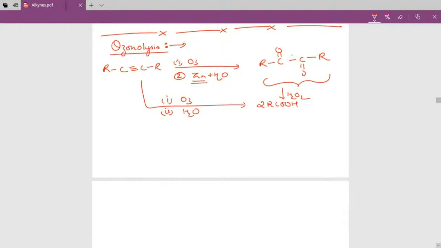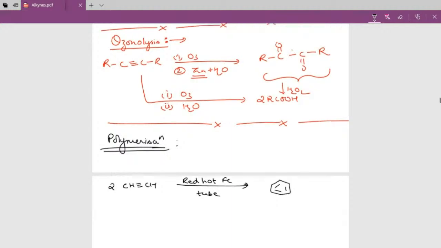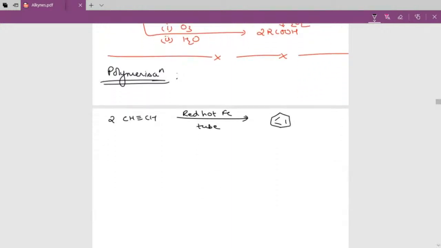Okay, so I think we have completed all the basic reactions till now for alkynes. There are other reactions like polymerization. In polymerization, I would like to have two reactions. When this is passed over a red hot iron tube, then benzene is formed. This is a cyclic polymerization. Yes, it can be understood very easily how this could have taken place.